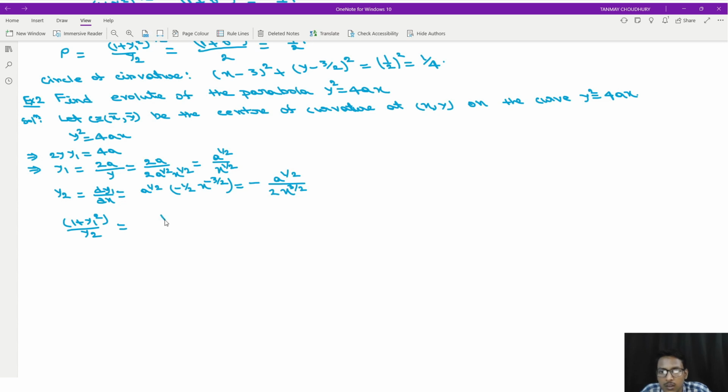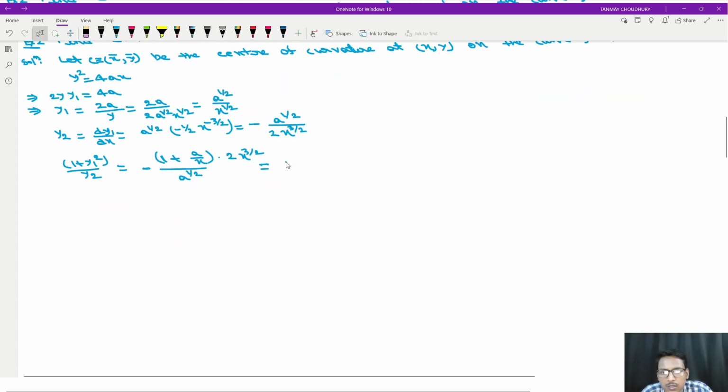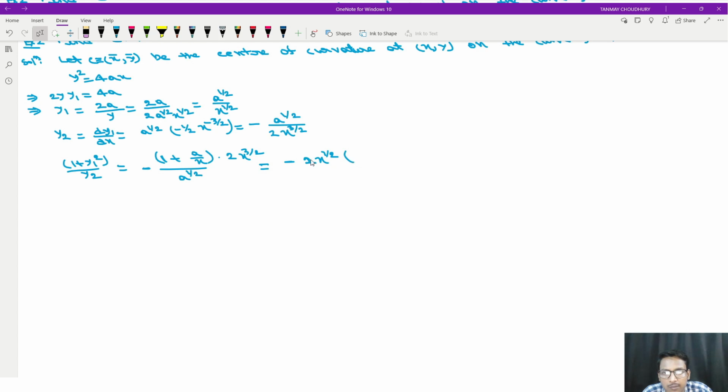This turns out to be 1 plus y1 square, which is a by x, divided by minus a to the power half over twice x to the power 3 by 2, which equals minus twice x to the power half, and if you take x inside, this will be x plus a, divided by a to the power half.